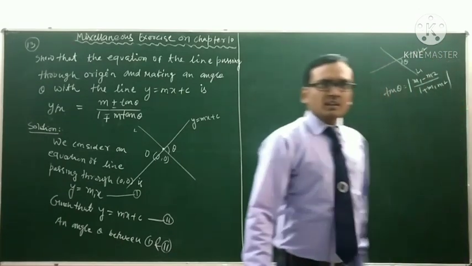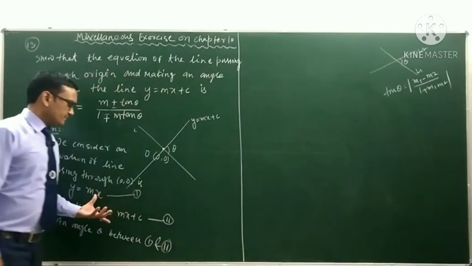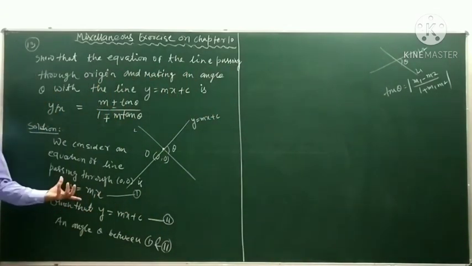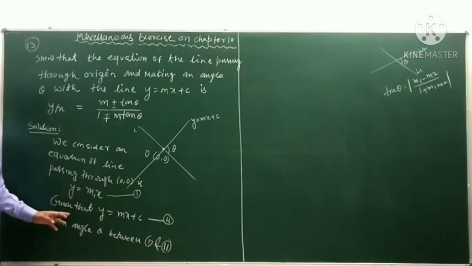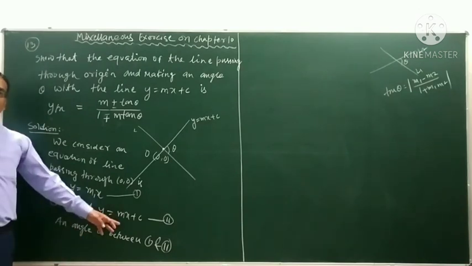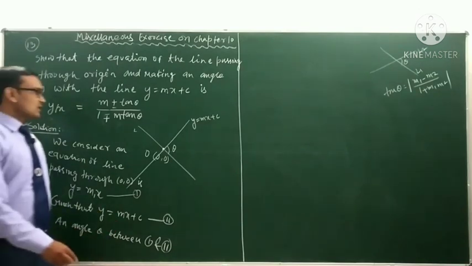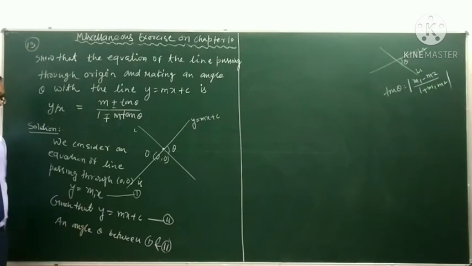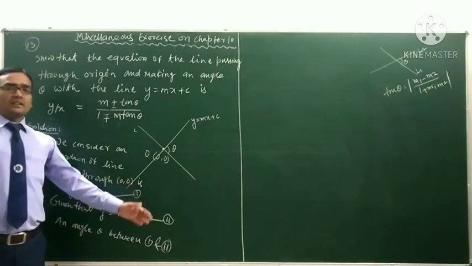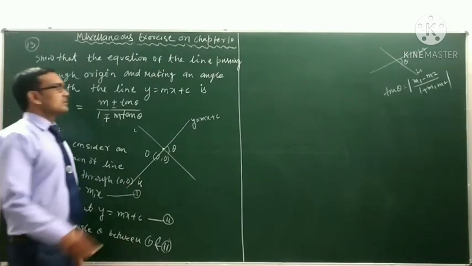In this case, the slope of line 1 is m1 and the slope of line 2 is m, and theta is the angle between 1 and 2.